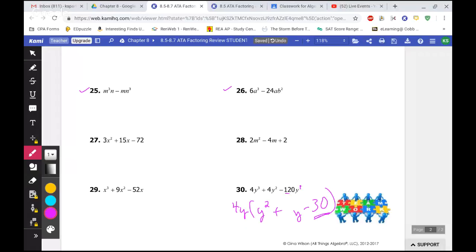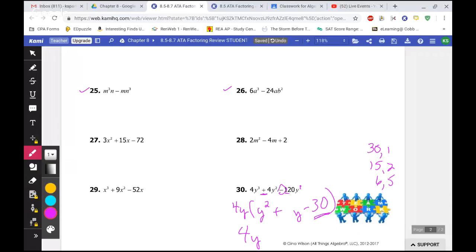To get a negative, you have to have 1 positive term and 1 negative term. So factors of 30: 30 and 1, 15 and 2, 6 and 5.